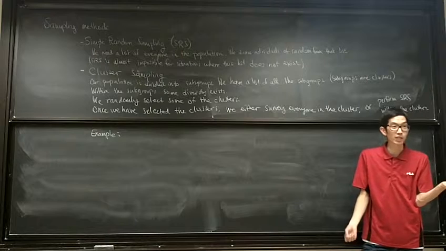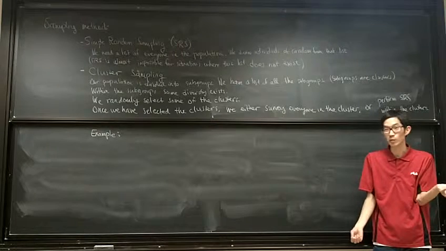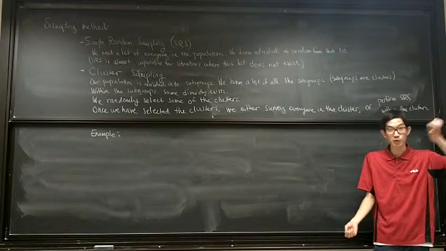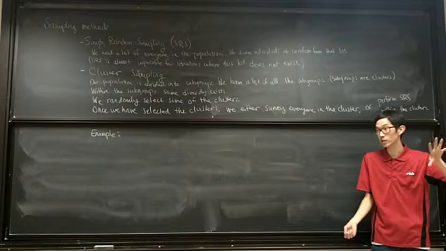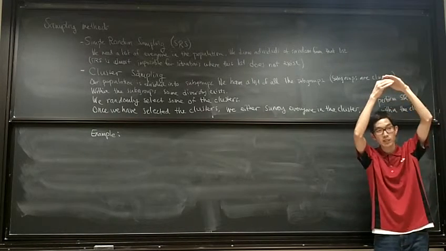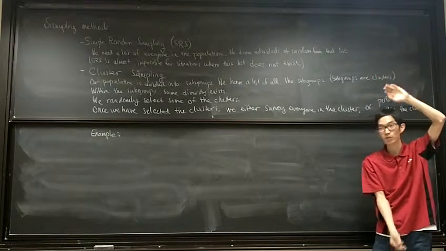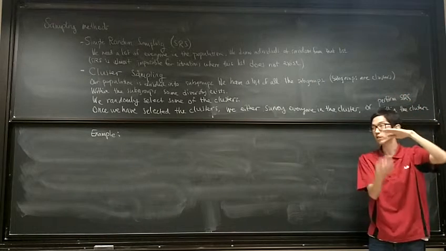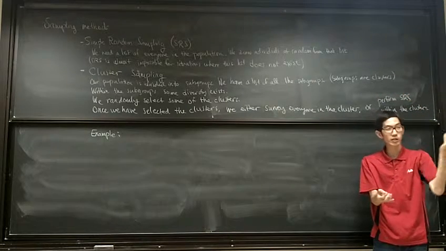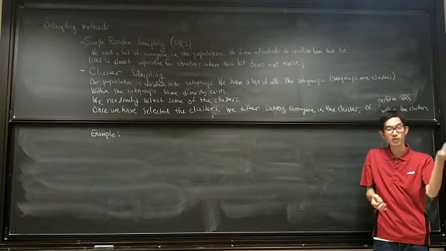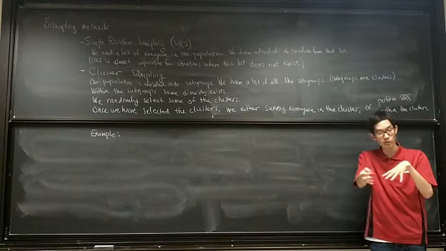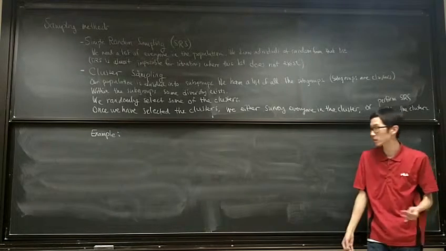Probably the churches will have a list of all of their members, and then I can perform simple random sampling from their list. But it doesn't require me to have a list of everyone who goes to church, which is too hard to get. I just have a list of all the churches. I randomly select from that list some of the churches, and then I go to those churches and then select people to be part of the sample.